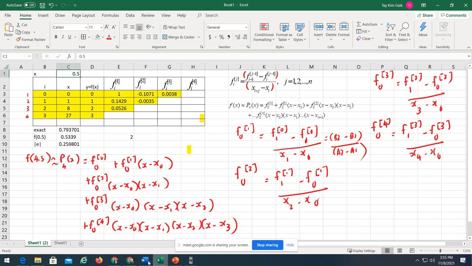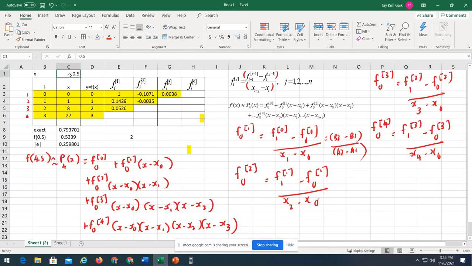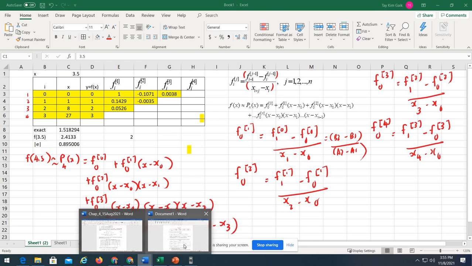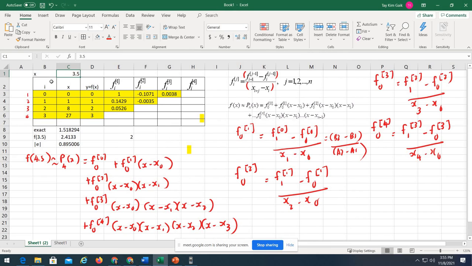Okay, if you use Excel, let's say you want to estimate 3.5, you just change this cell to 3.5. So the F 3.5 is automatically calculated quickly in here. Or you want to calculate another value, 18, then you just change 18 to here.